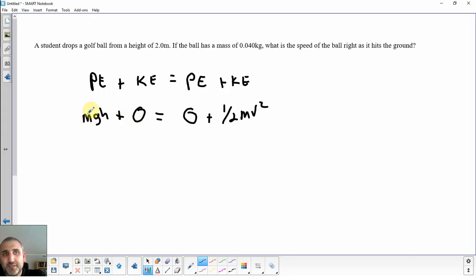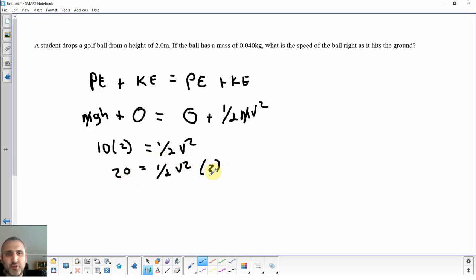The beauty is the masses cancel, so I don't even need to give you that 0.04 kilograms. So g is 10, and the original height is 2, and that's going to equal 1/2 v squared. So 20 equals 1/2 v squared, and I've got to multiply both sides by 2 to get rid of that 1/2.